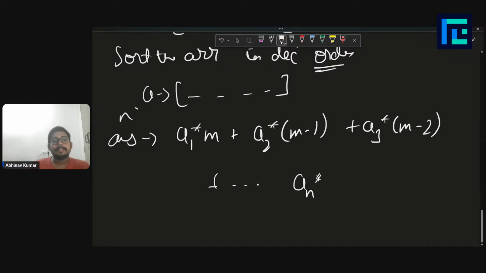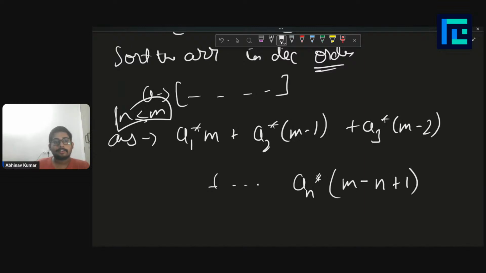If n is less than or equal to m, that means you can go to all the values, so the last one would be multiplied by just m minus n plus 1.